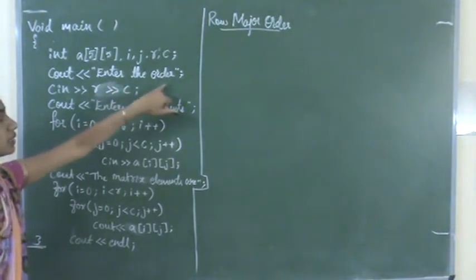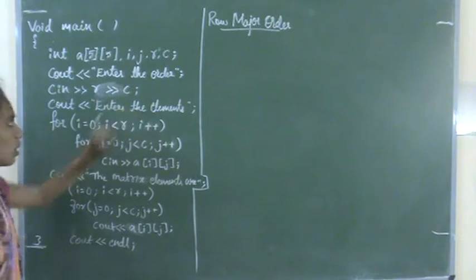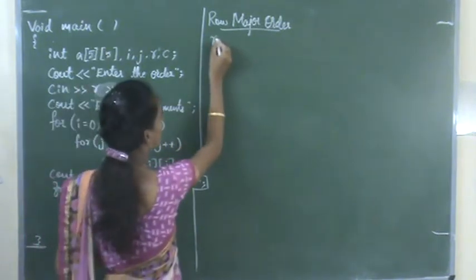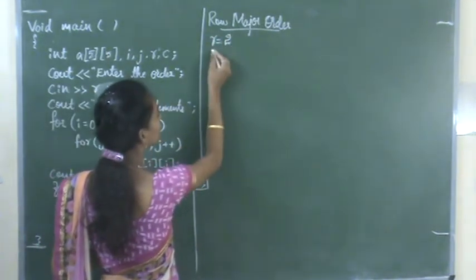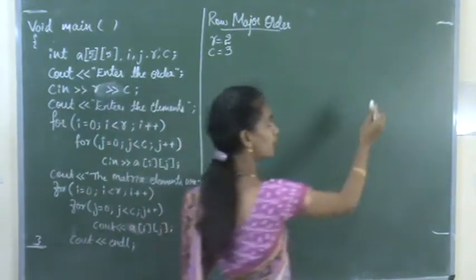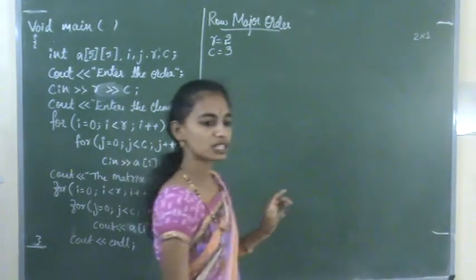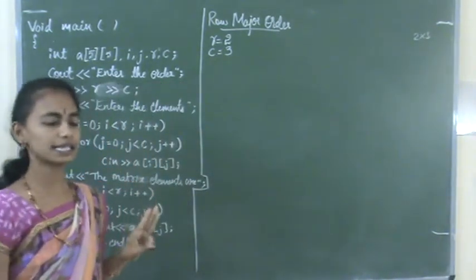Now I entered the order of the matrix, row order and then column order. Suppose take R value as 2 and column value as 3, which means I am representing a 2 cross 3 matrix, which contains 2 rows, 3 columns.